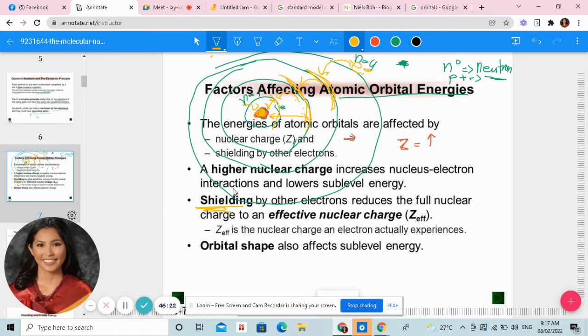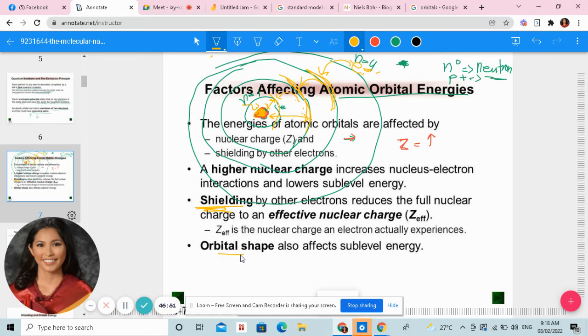Now, who has higher nuclear charge? N is equal to 1 or n is equal to 4? N is equal to 1 has higher nuclear charge, a greater attraction between the nucleus and the electrons, whereas n is equal to 4 is far away, so the connection is different.